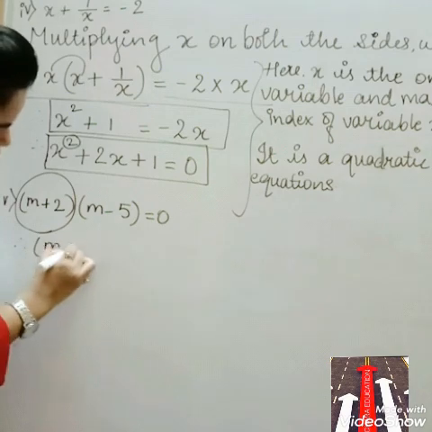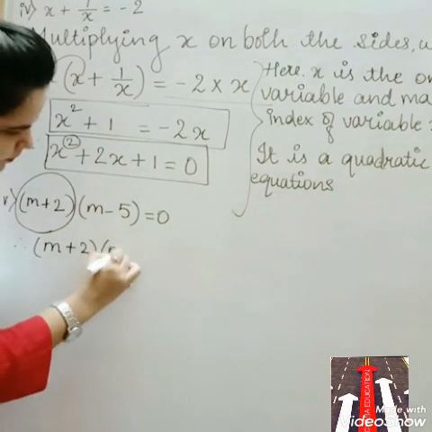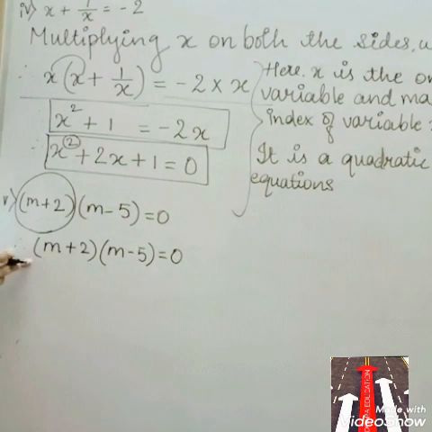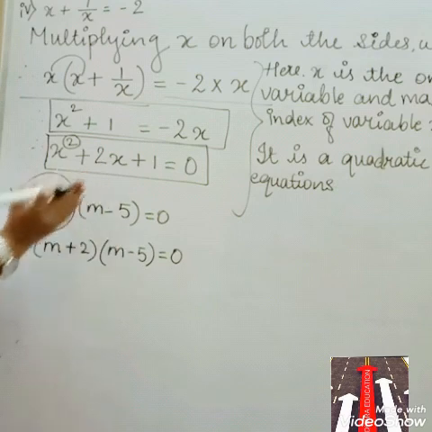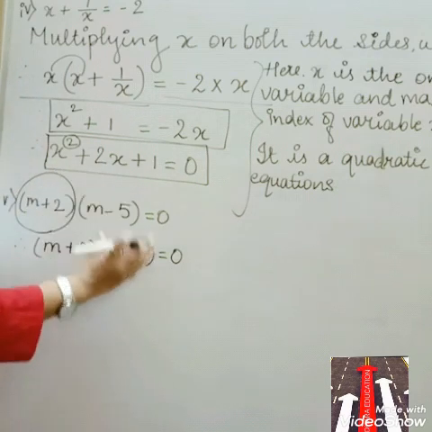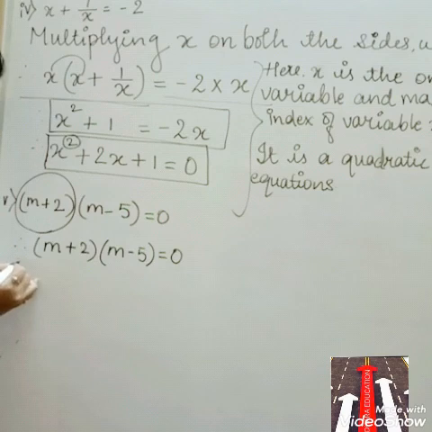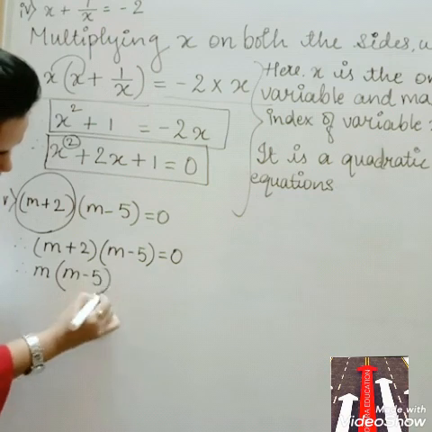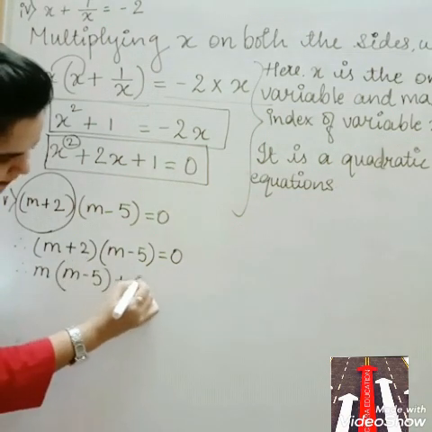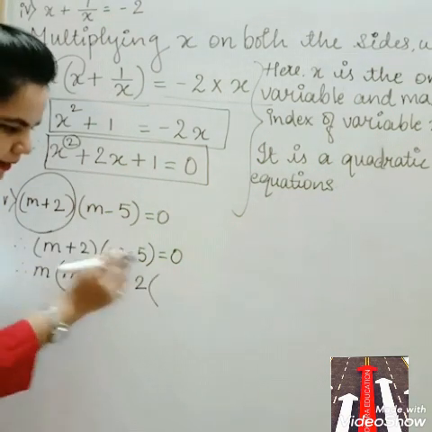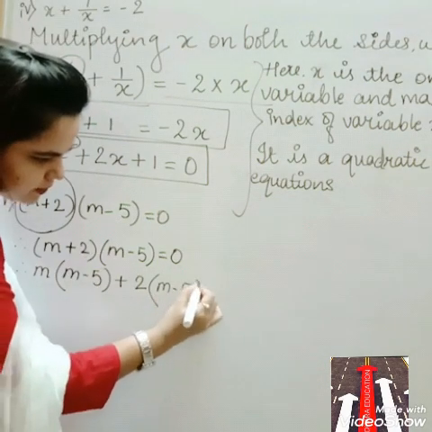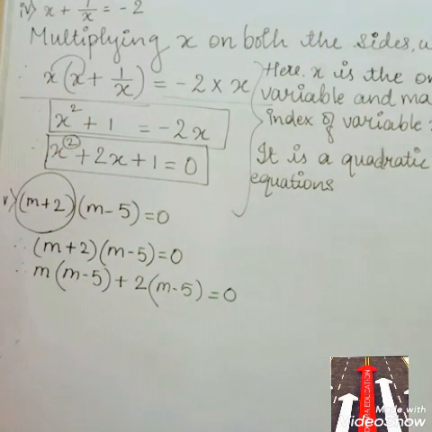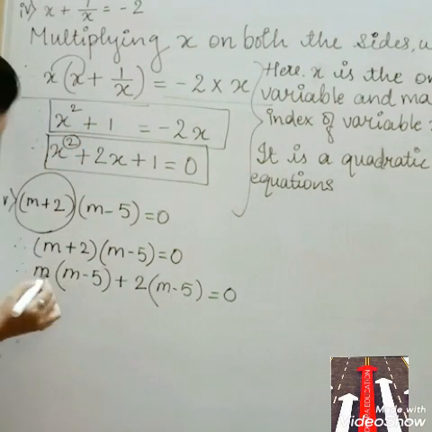So here I will do the same. Okay. By breaking this particular equation, I will multiply this broken equation with this particular equation, with this variable m minus 5 plus 2 exactly we have to write, and then again this will multiply with this. Okay, now what we need to do, we need to just multiply it.